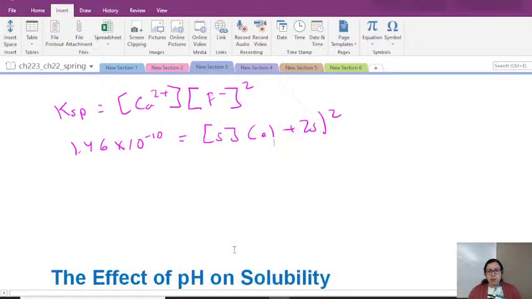Do we think we can make some assumptions like we have in the past? We have this 10 to the negative 10, so that's pretty small, and we want to make the math easy on ourselves.